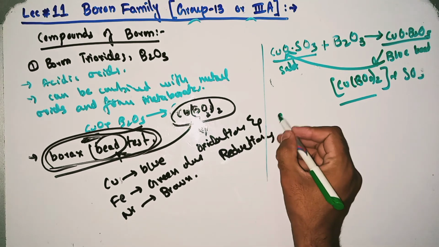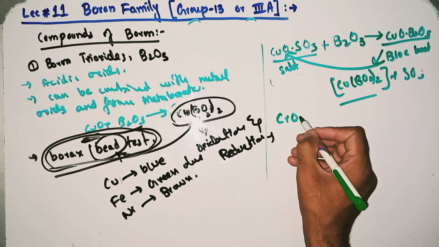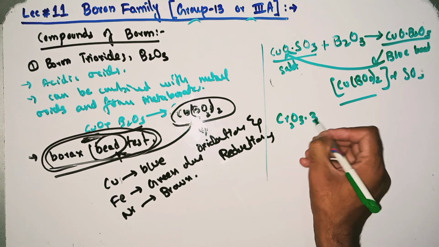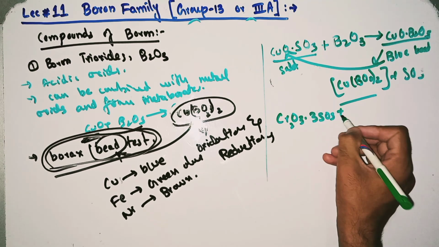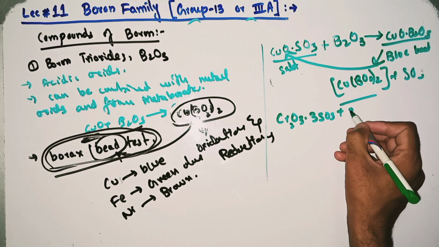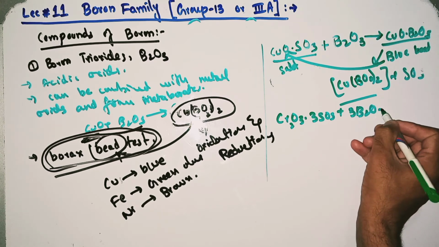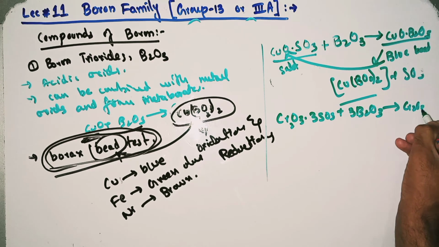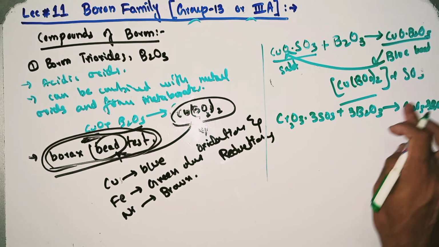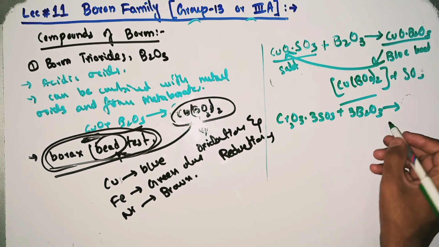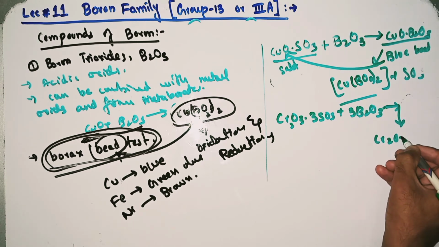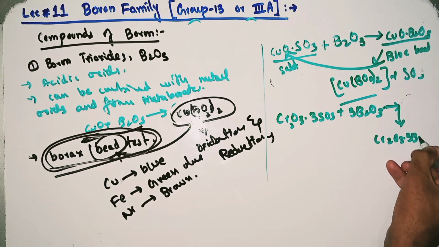Similarly, for another element, chromium, when Cr2O3.3SO3 reacts with boric anhydride, it will produce Cr2O3.3B2O3.